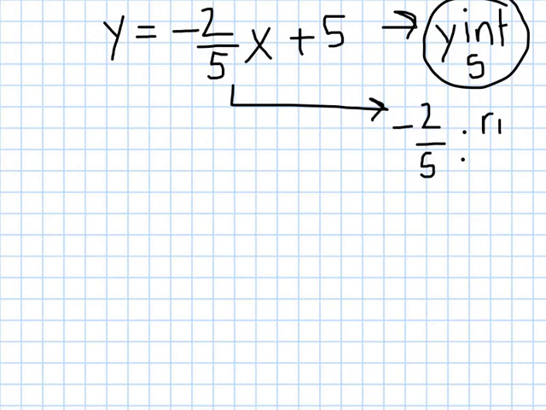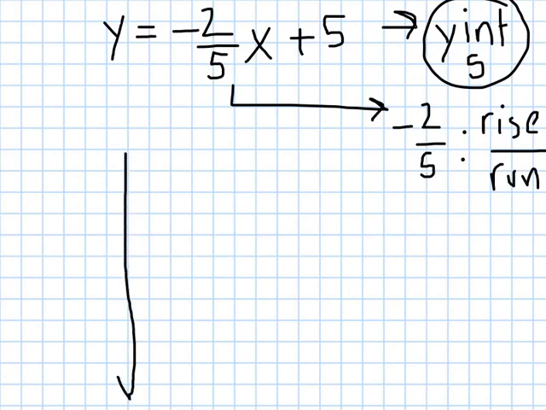So we're going to rise negative 2, run 5. What does rise negative 2 mean? Think about that for a second. So it means going or rising a negative amount, which means going down. So when you do have a negative slope, your rise does need to be negative. Or you can make your rise positive and your run needs to be negative, one or the other.